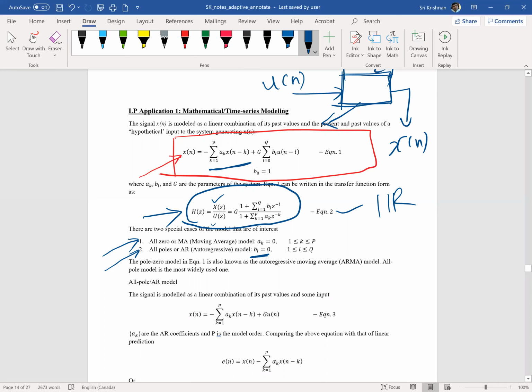So two models are possible: the all-zero model and the all-pole model. When you have both poles and zeros, then we could collectively call this an autoregressive moving average model, or ARMA model. This is important. So when we talk about mathematical modeling, what we essentially mean is an ARMA model.